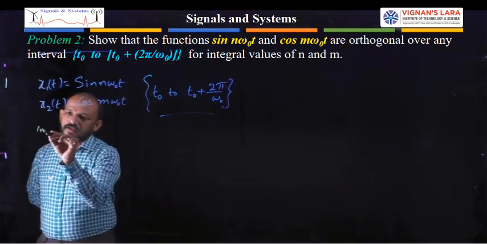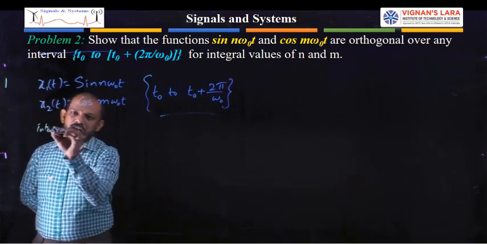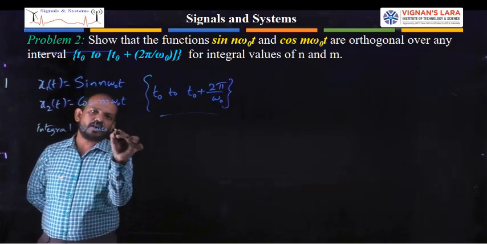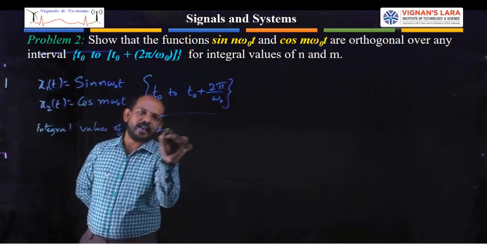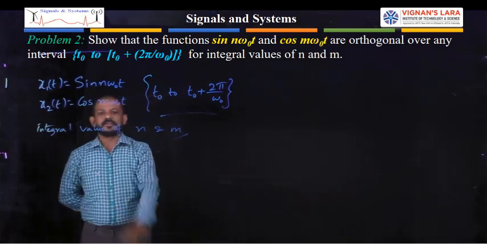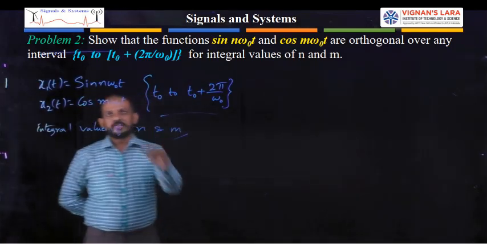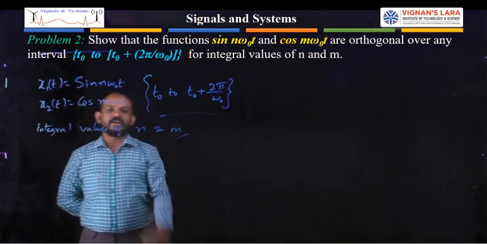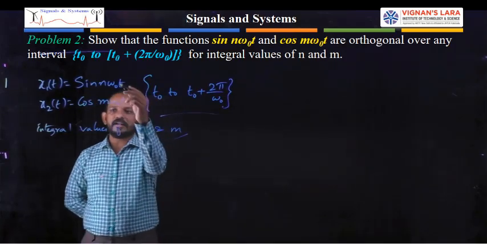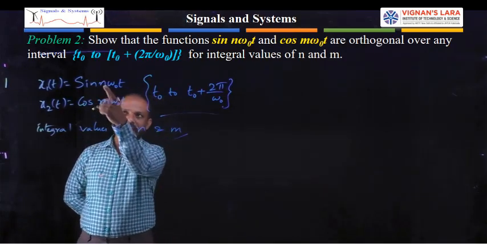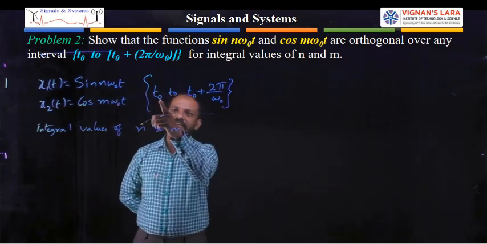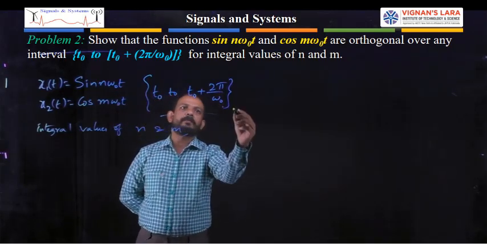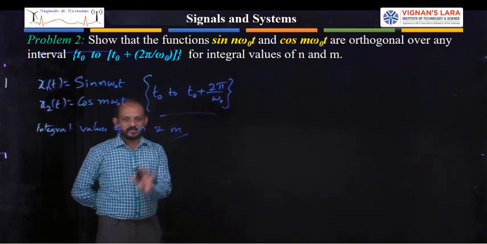For integral values of n and m, we have to prove this. So these two functions are orthogonal for integral values of n and m over any interval t naught to t naught plus 2 pi by omega naught. This is the given thing.